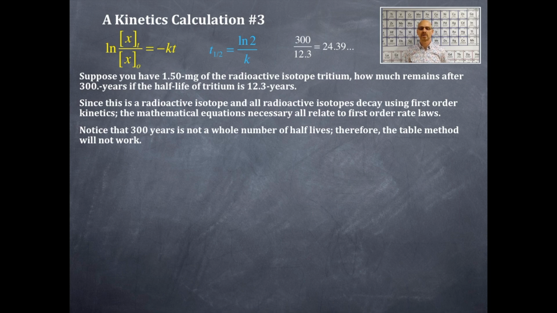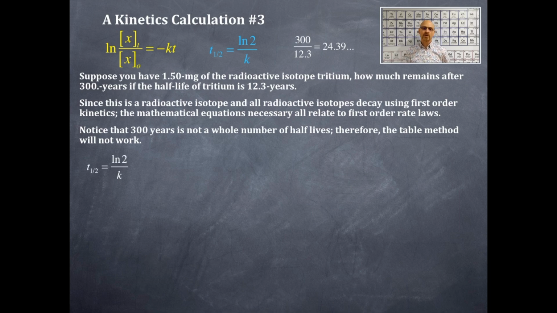That's not a whole number of half-lives, so we don't want the table method. A graphical method would work, but that is so much more tedious than using the integrated first-order rate law and its half-life equation.